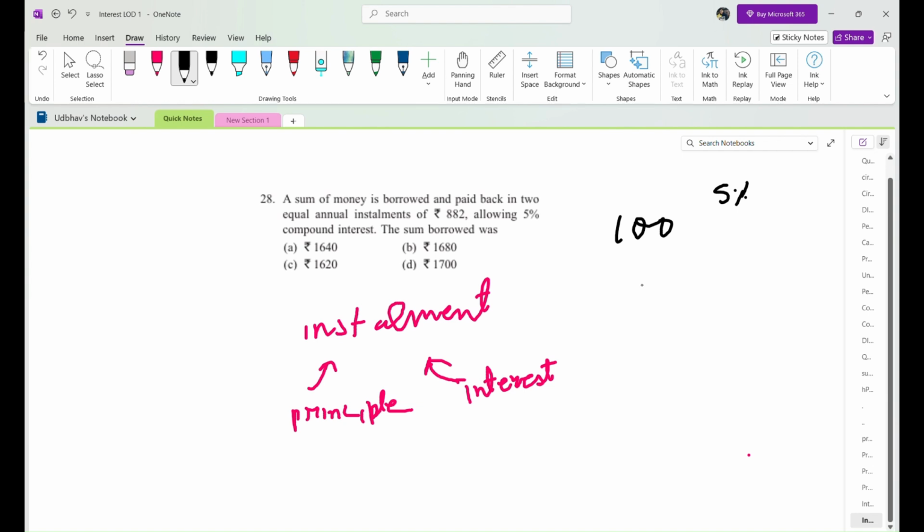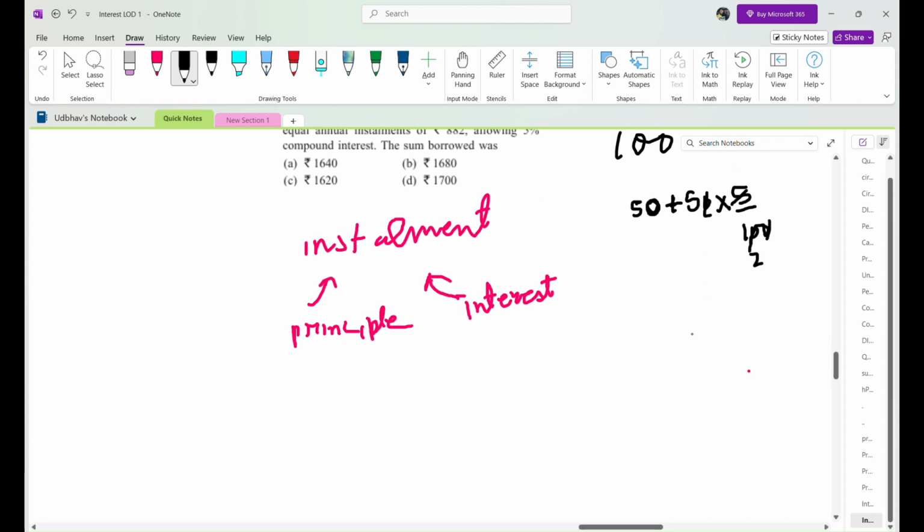Let's say I paid him 50 rupees the first time. How much money is left? 50 rupees are still left. So I'll be adding 5% on the left amount, 5 upon 2. So I'll be paying 50 plus 5 upon 2.